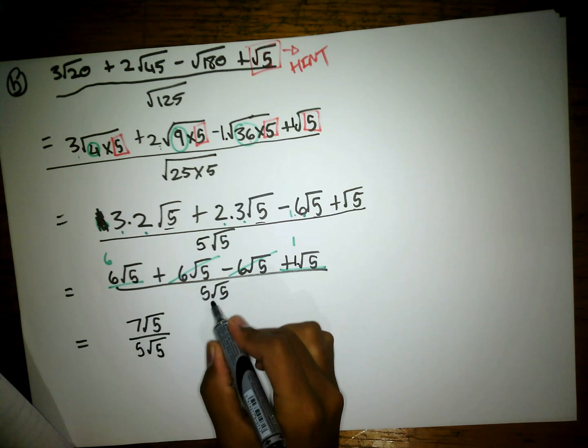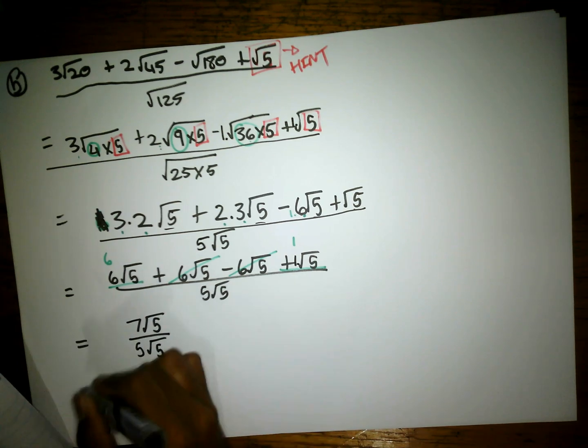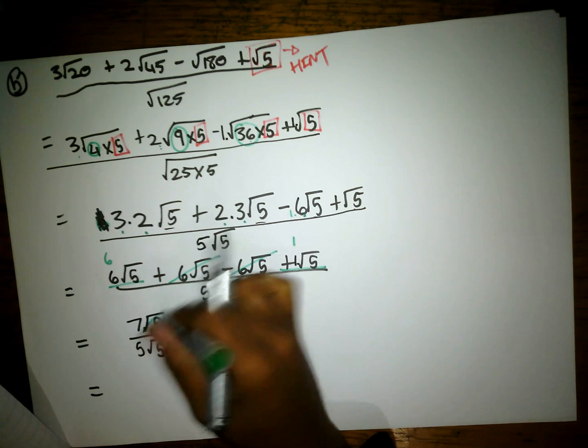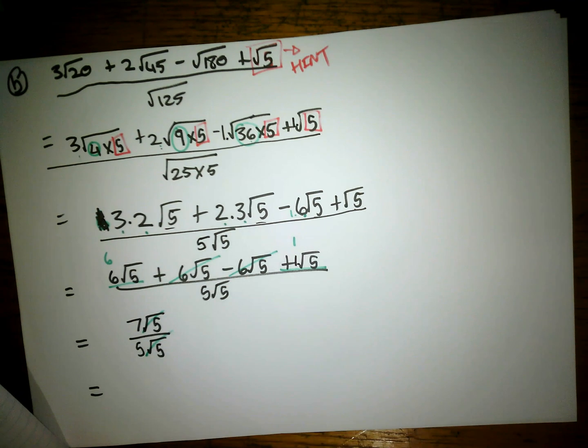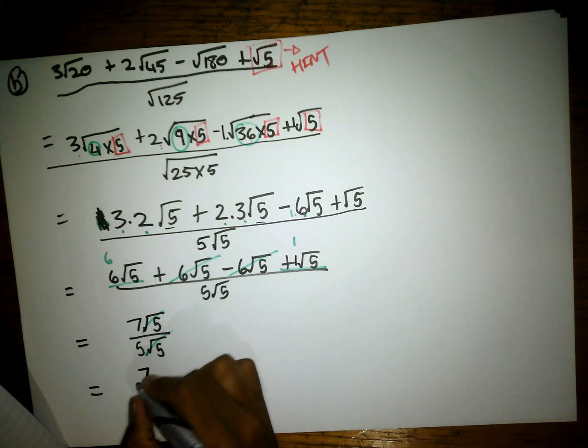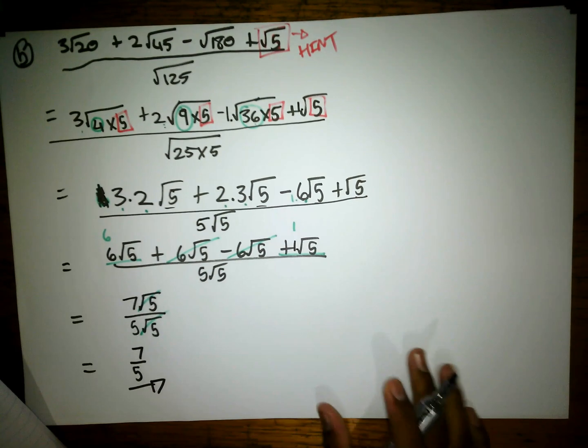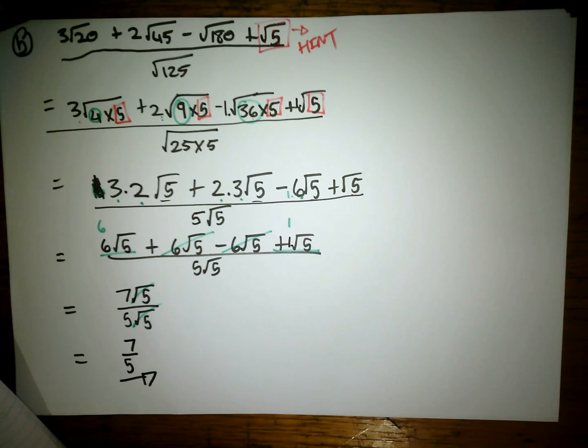Our denominator does not move from there. And again, we can cancel. And then we're left with a 7 over 5 as our final answer. Are we together? Hopefully we are together. Yes, we are. Lovely stuff.